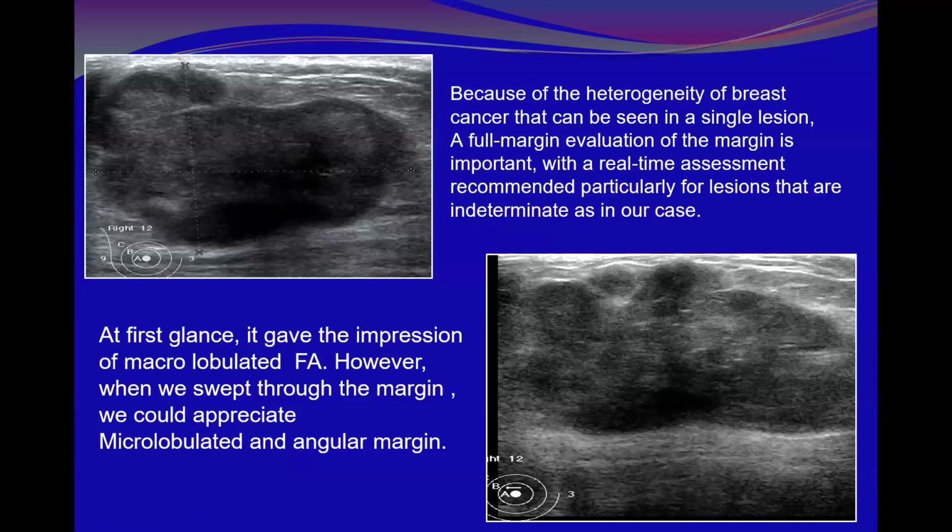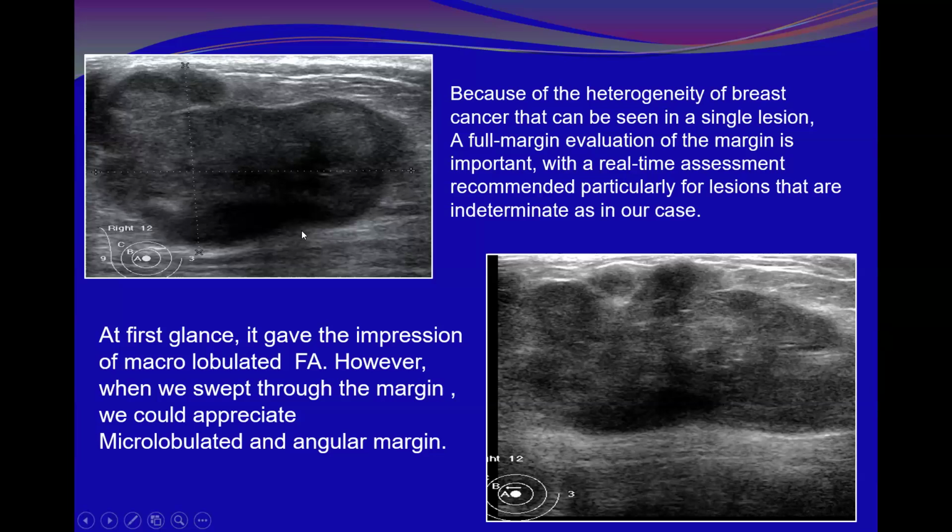So because of the heterogeneity of breast cancer that can be seen within a single lesion, a full margin evaluation of the mass is very important, and real-time assessment is recommended, particularly for lesions that are indeterminate, okay? As in this case, you might look at the beginning and say this is a large or giant fibroadenoma or benign phyllodes, something like that.